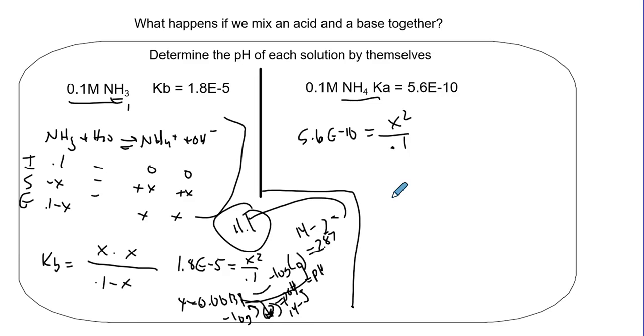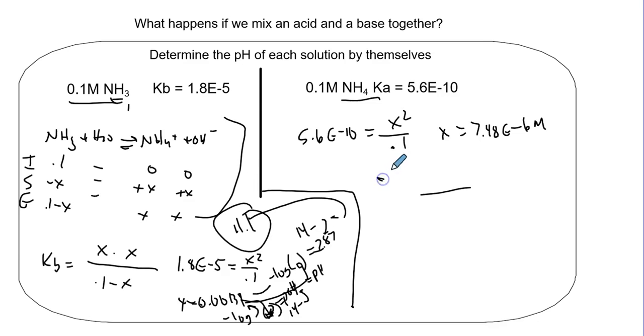Okay, so my x at this point equals 7.48 e to the negative, and it's going to be 1, 2, 3, 4, 5, 6, I believe, if I counted correctly, e to the negative 6th moles per liter.